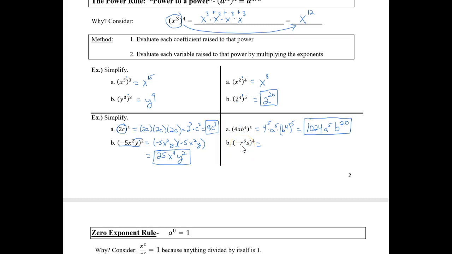And then with r to the 6th, we multiply 6 times 4, we get r to the 24th power. And then this is s to the 1st, so 1 times 4 gives us s to the 4th power. And again, that negative is gone because there were 4 of them, and so it's going to end up positive r to the 24th times s to the 4th.